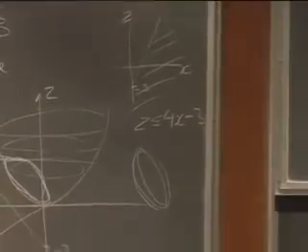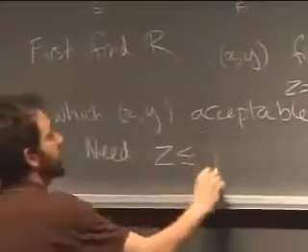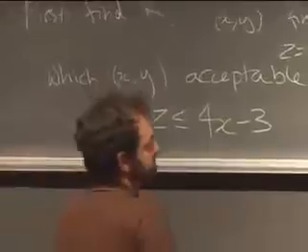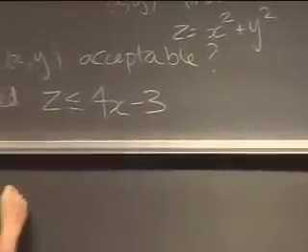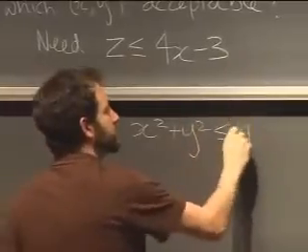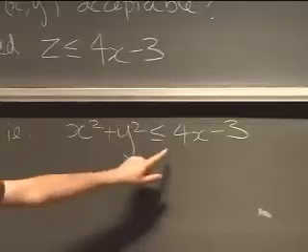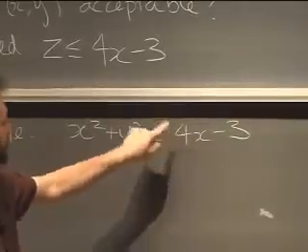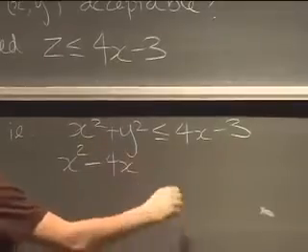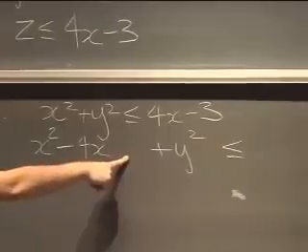So we need z less than or equal to 4x minus 3, i.e., we need x squared plus y squared less than or equal to 4x minus 3. I'm not going to go much further down here, but let me just say that in order to get this, I'm going to subtract 4x and I'm going to add 4 to complete the square.